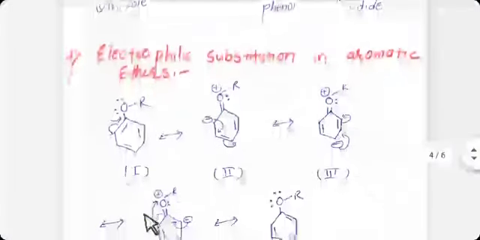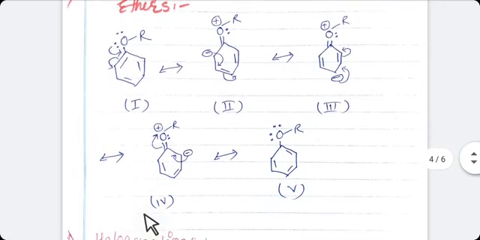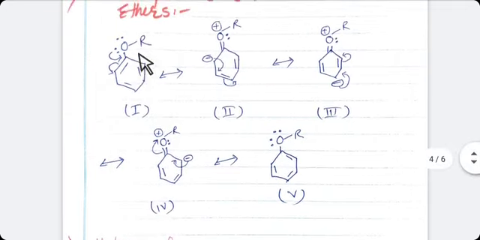See here, you can understand by these 5 structures in which you have seen clearly the electron is delocalized only on ortho and para positions.